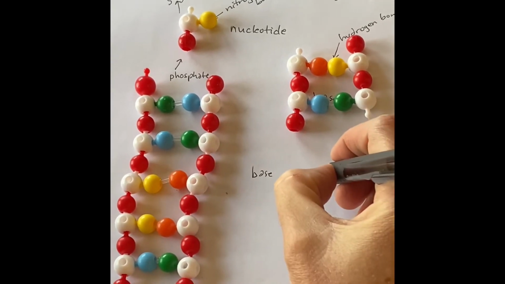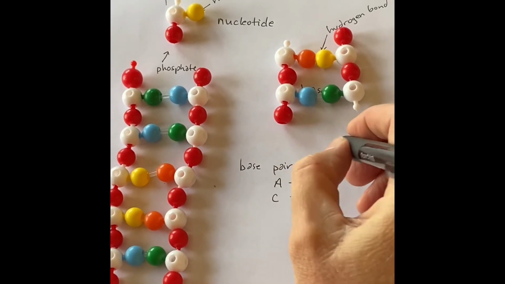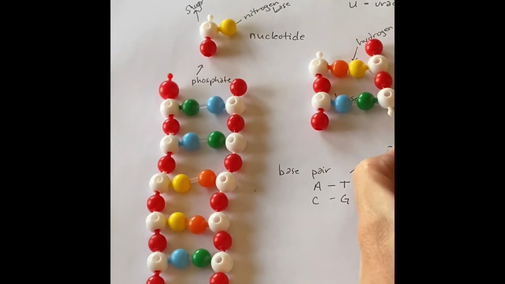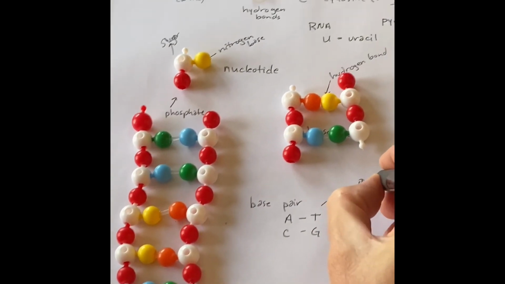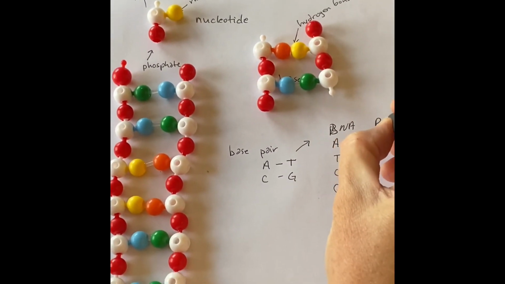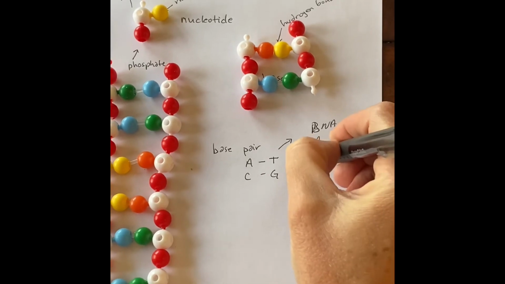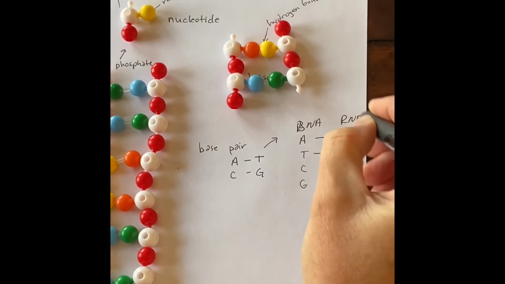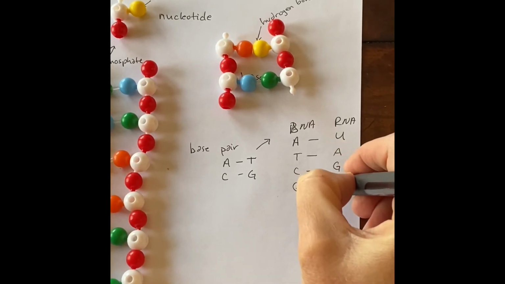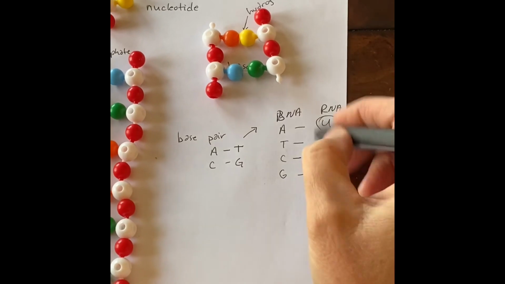So then when we throw the RNA structure in there, RNA temporarily binds to DNA. So let's write a DNA strand here, A, T, C, and G. If RNA comes in here to temporarily bind to it, the A binds with the U instead. And if there's a T on DNA, RNA has an A, C binds with G, and G binds with C. So the U is what's different in the sequence.